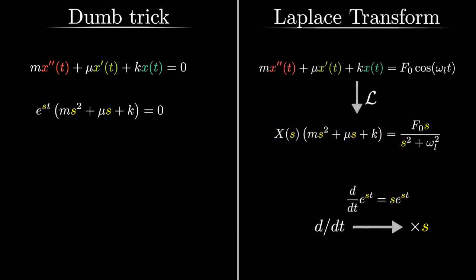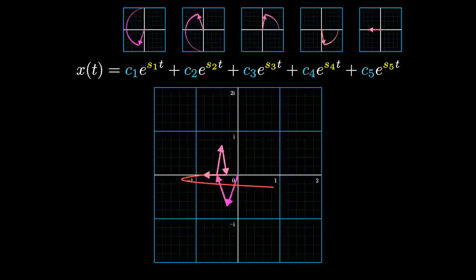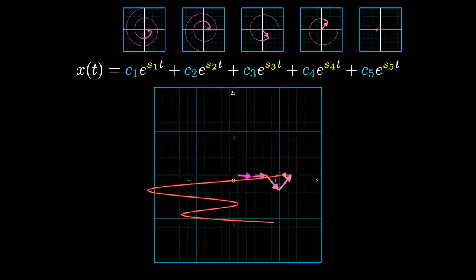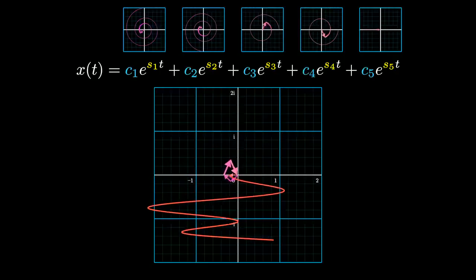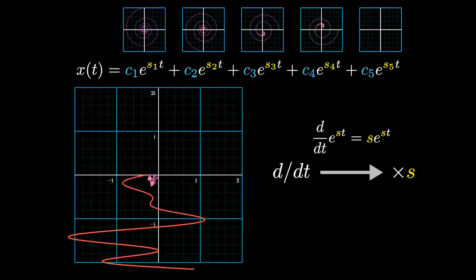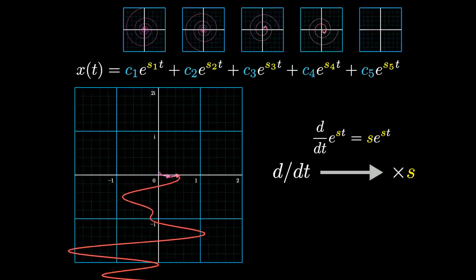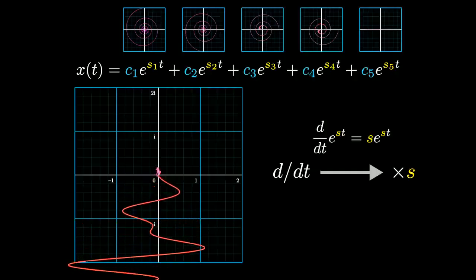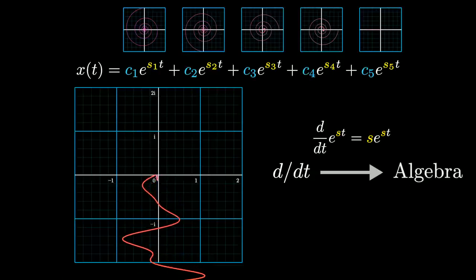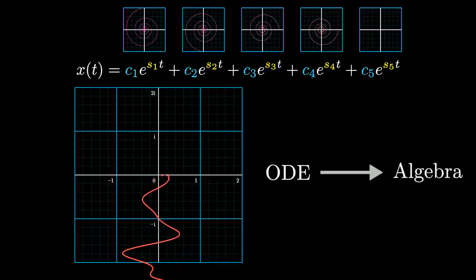What that operation does is translate functions into a new language, where these terms e to the st, the atoms of calculus, are the fundamental units. Then again, the fact that differentiation in time looks like multiplication by s for these terms means that in this new language, derivatives start to look a lot like multiplication, and differential equations start to look like algebra.